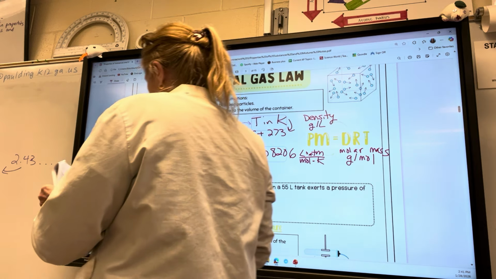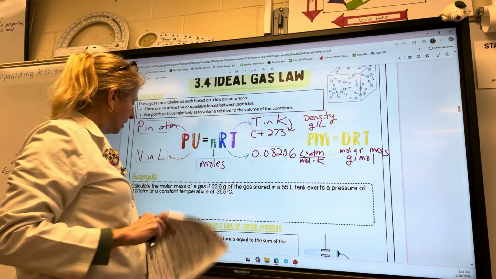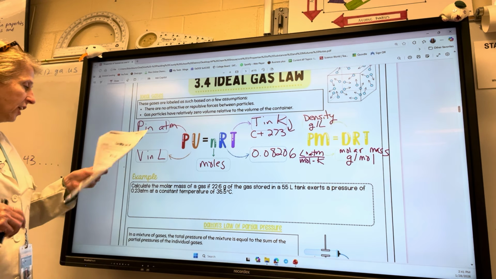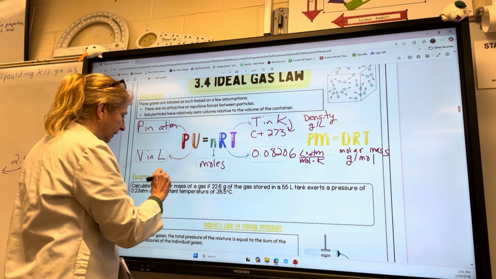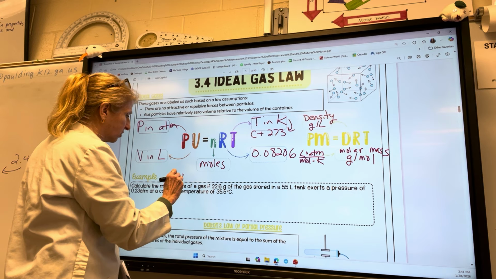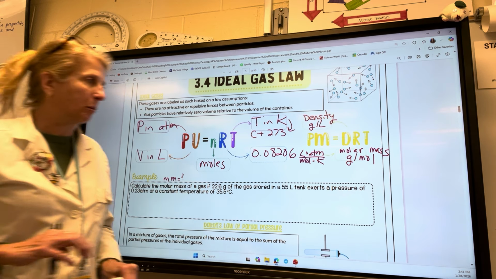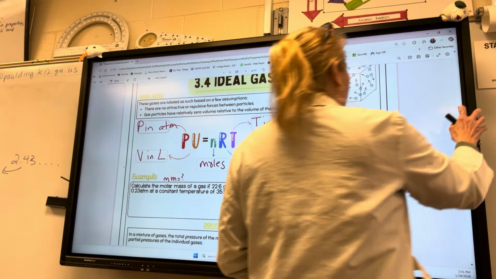Okay, all right, so here is an example problem. It says, calculate the molar mass. So I'm going to put MM question mark. I always annotate my problems so I can get rid of the words and just have the numbers.